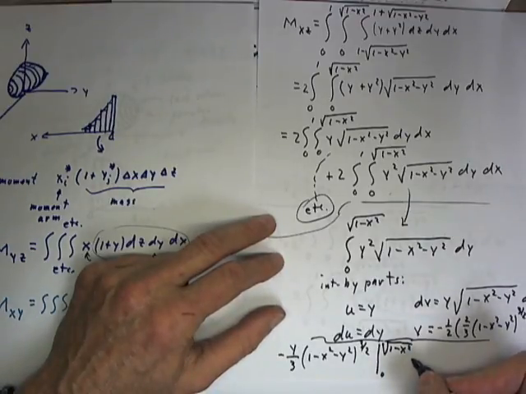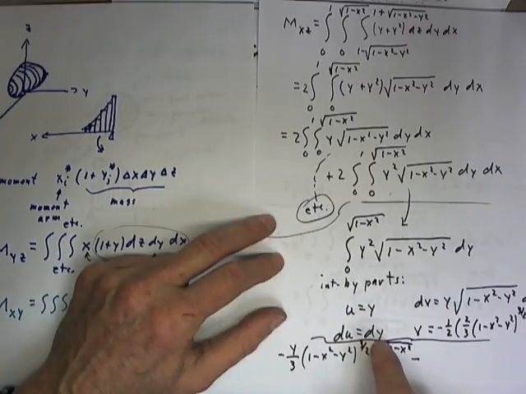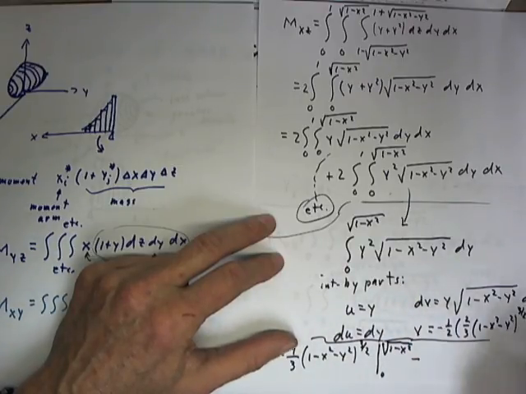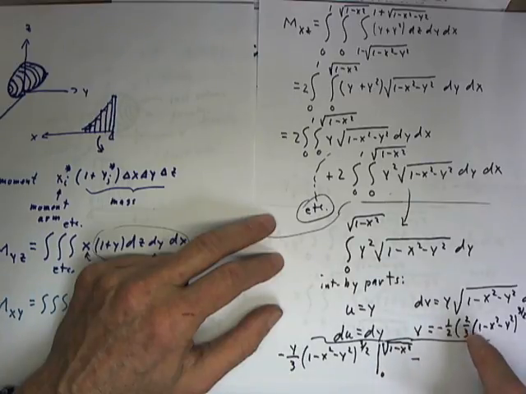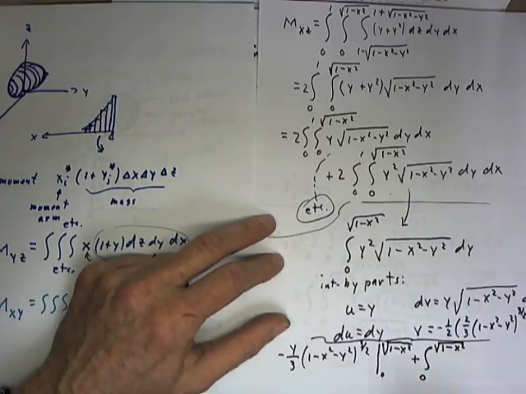That is going to be minus the integral of v du, where du equals dy. This is going to be minus the integral of this, which is minus, times this. So that's going to end up being plus the integral, still from 0 to the square root of 1 minus x squared, of this expression.